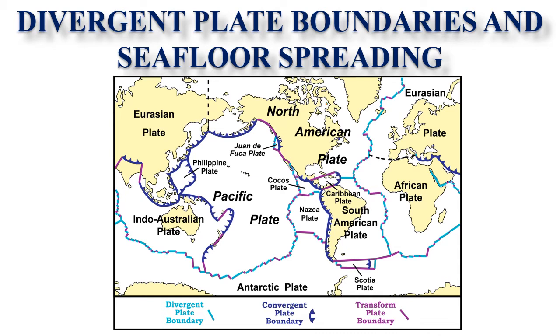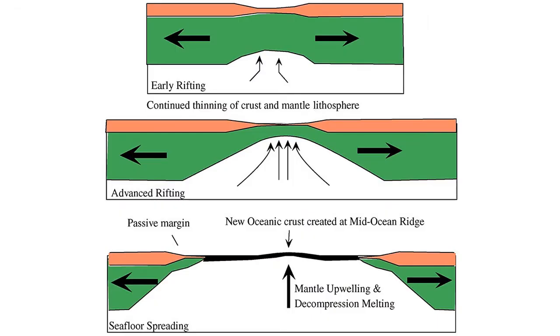The mechanism that operates along the oceanic ridge system to create new seafloor is appropriately called seafloor spreading. Spreading typically averages around 5 cm per year, roughly the same rate at which a human fingernail grows.